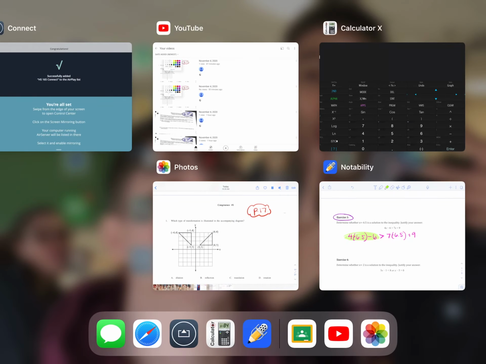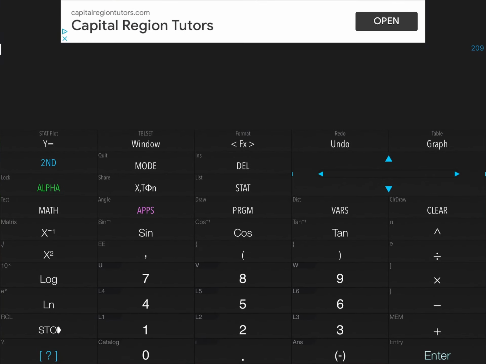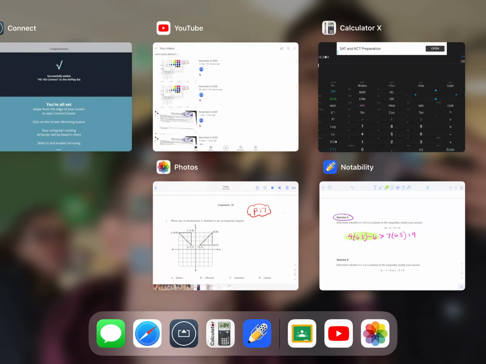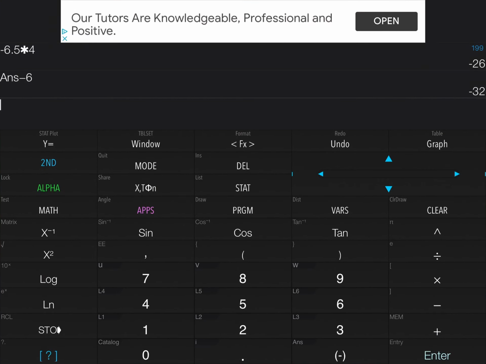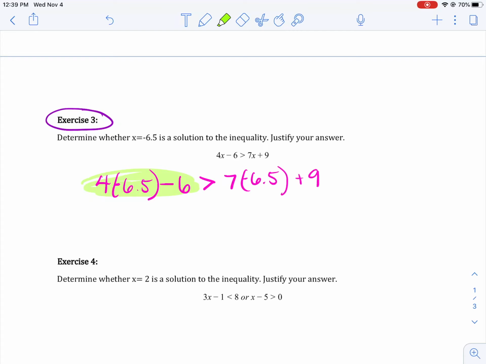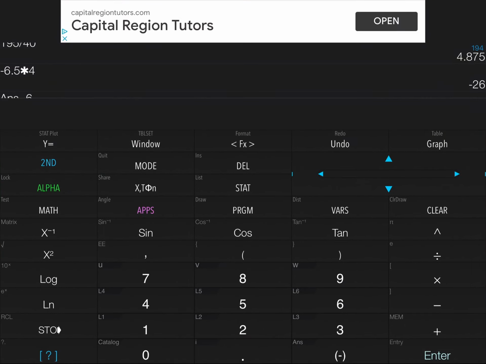Here's my graphing calculator. Now it's my phone. -6.5 times 4 minus 6 is -32. And let's see, is that greater than what we get for this side here? So -6.5, oops, hold on, let me just clear.